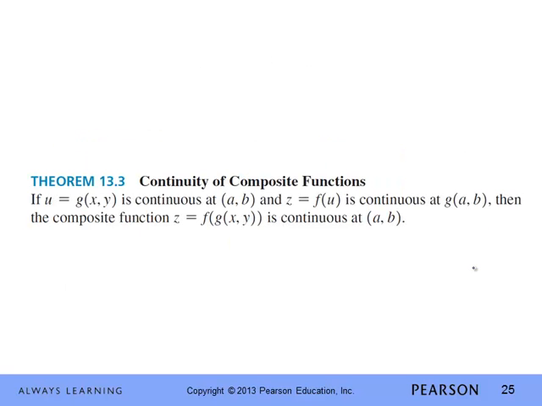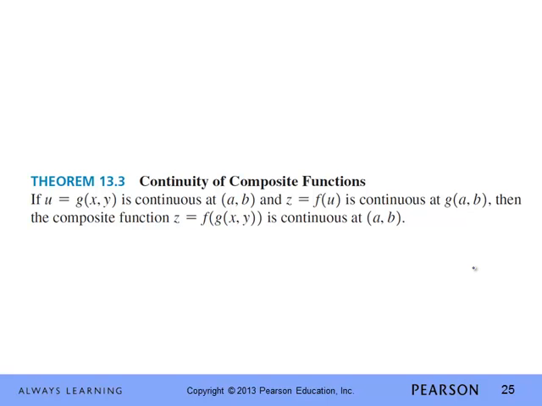All right, what does it mean to take the composite of 2 functions? That means that the output of one function is the input for the outer function. So like e to the x squared or the square root of x squared plus 1 and stuff like that, those are composite functions.